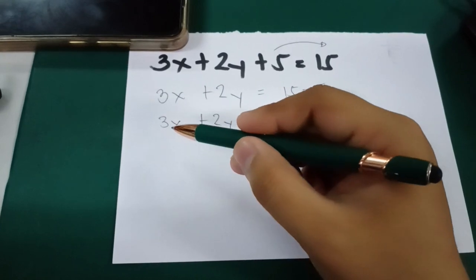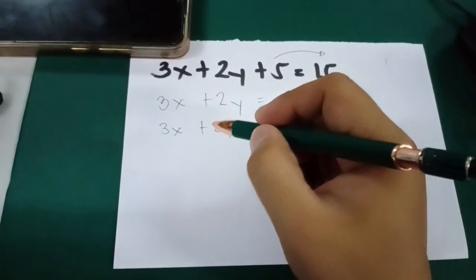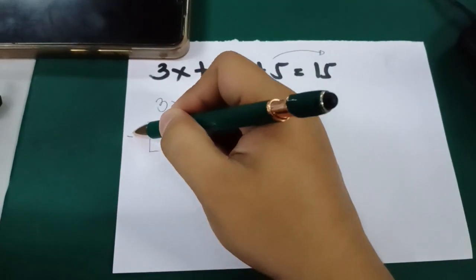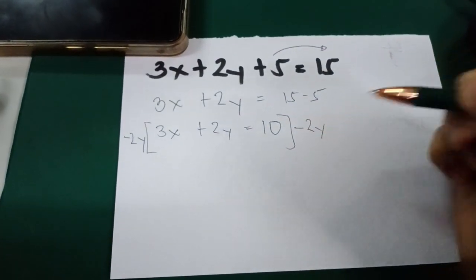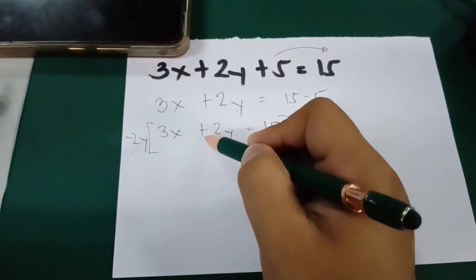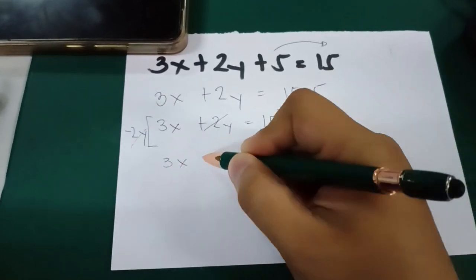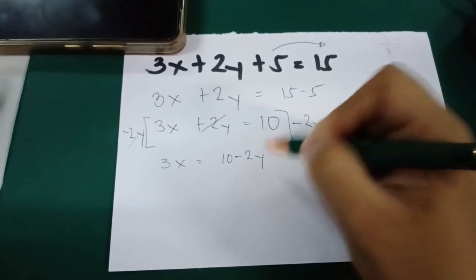If we are solving for x, we have to get rid of 2y. So how do we do that? We have to subtract both sides by 2y, so that it is removed, and we would be left with 3x is equal to 10 minus 2y.